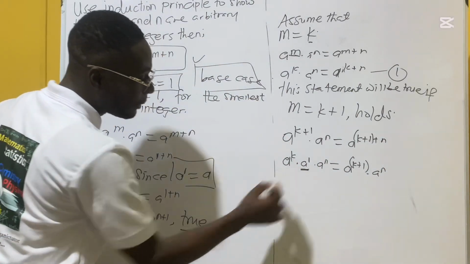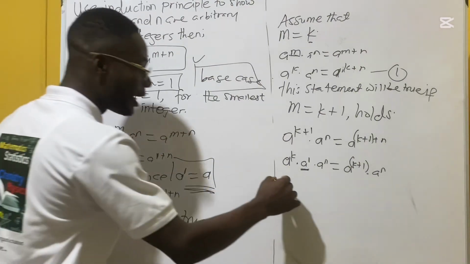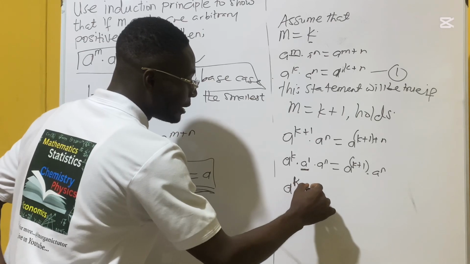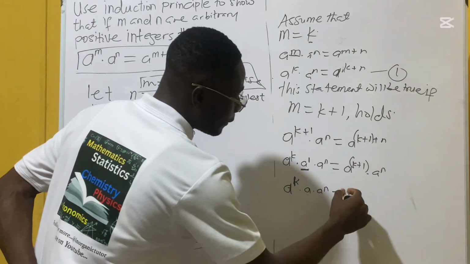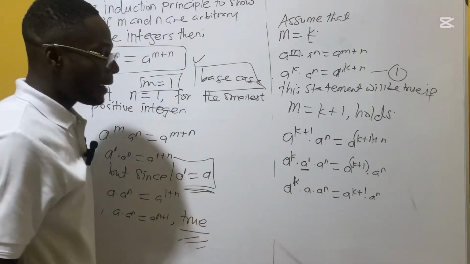But we know that a^1 is what? It's a. So we have a^k times a^n is equal to a^(k+1) times a^n.